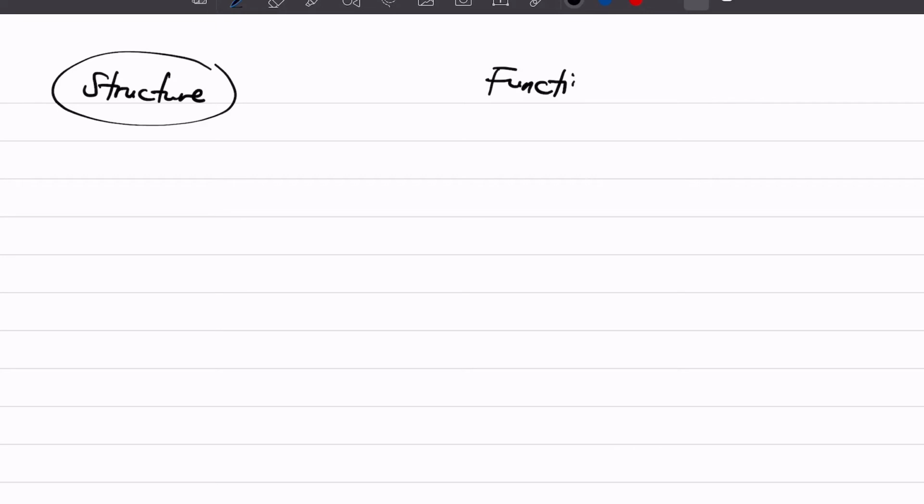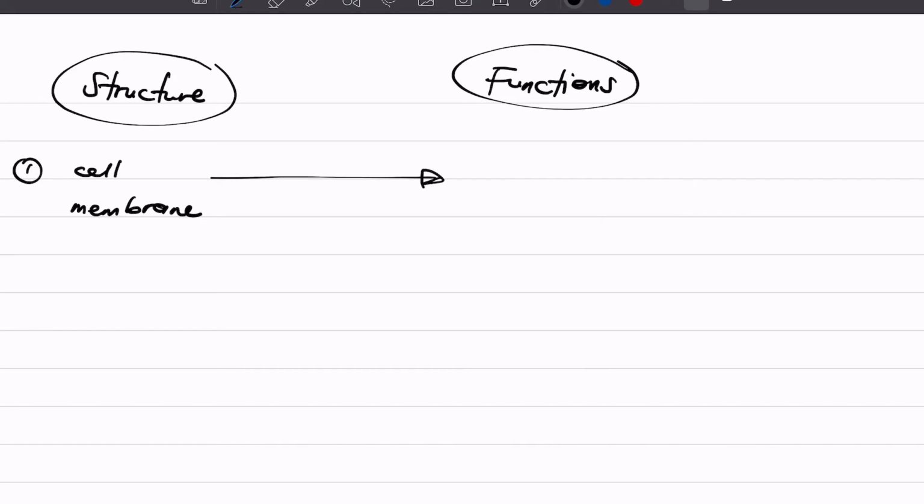Okay, first of all, this is the structure, and here would be the functions. The first one is the cell membrane.